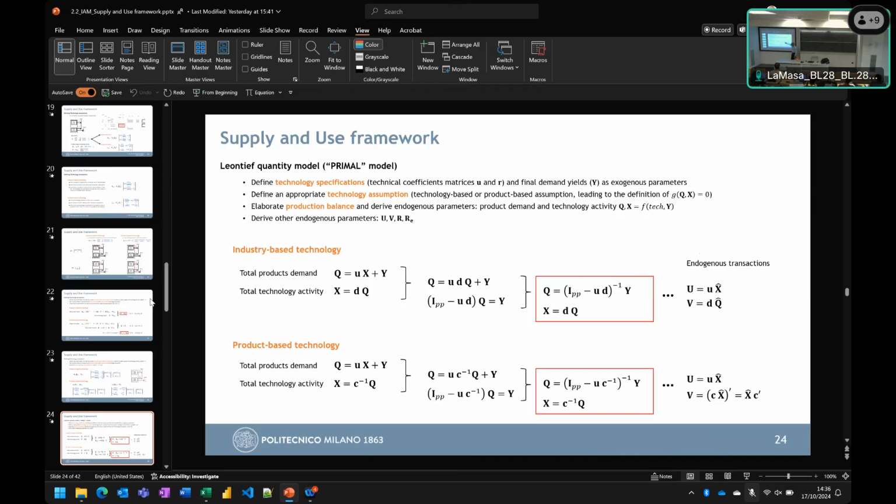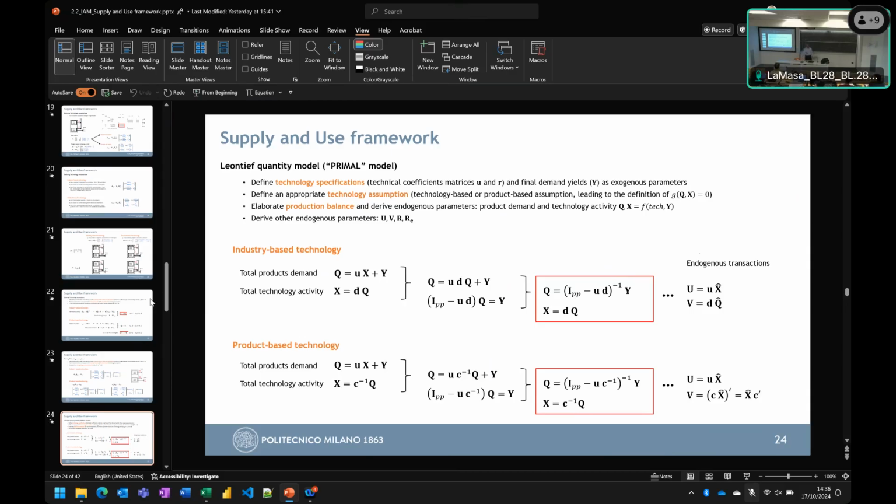The only thing that is changing is the matrix that allows us to transform the use matrix from U to a product by product table, from a product by technology matrix. So U by D, or U by the inverse of C. We realized also that it's not always possible to apply product-based technology.